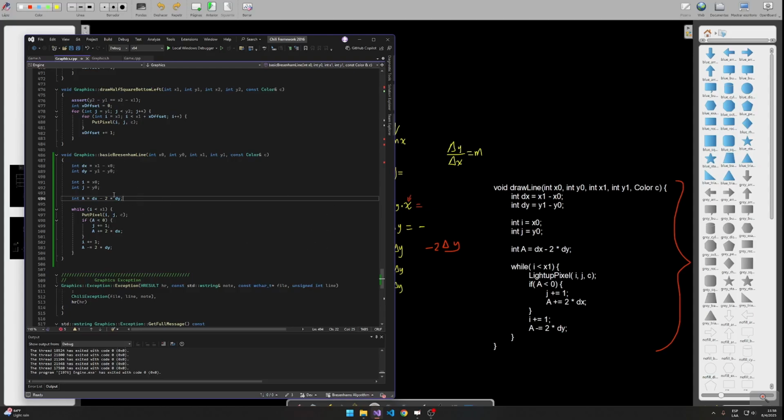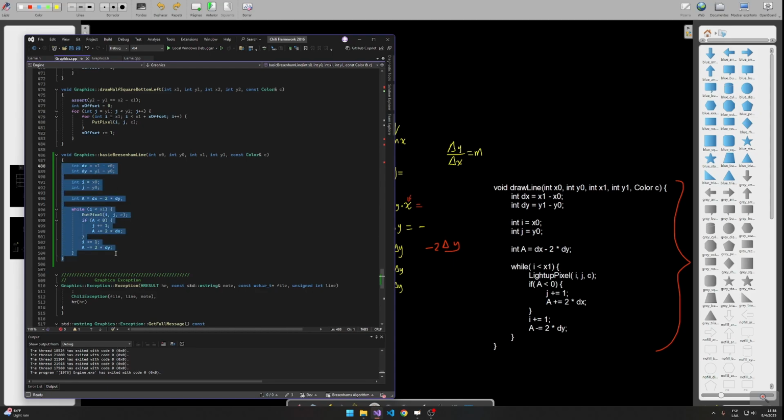Okay, so here you have it. This is an implementation in C++. This is just a wrapper for DirectX 11, the Chili framework. I would recommend his channel to understand C++ basics and game development. But today we're going to use this just to draw a window on the screen and have access to the pixels.